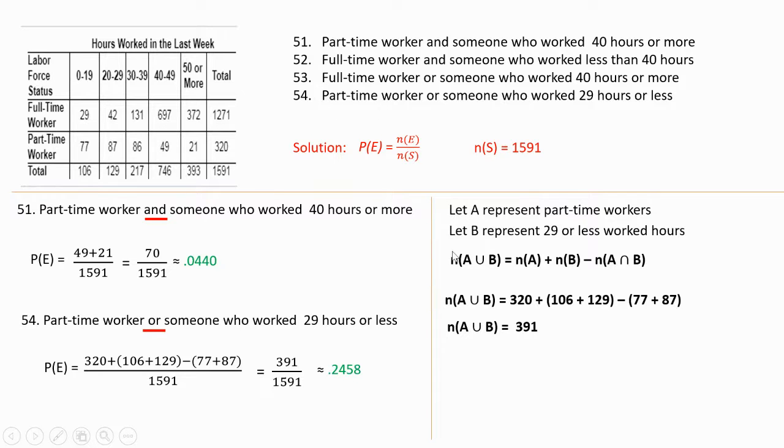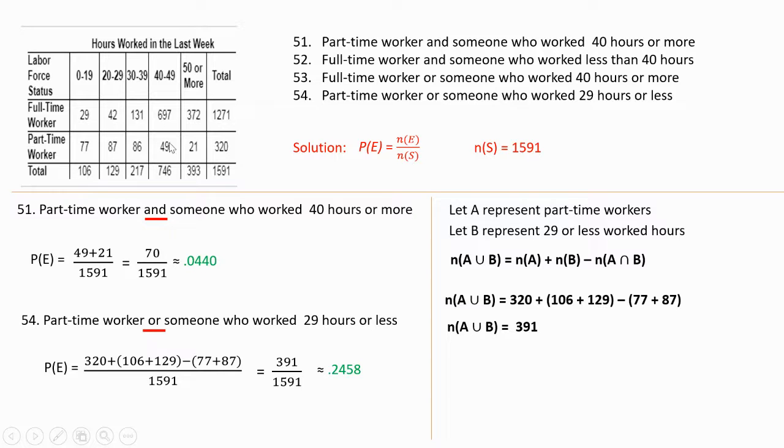Okay, by applying the rule here, this rule makes it a little bit easier. There's some students that can actually get the answer without doing the formula. They just go here. Part-time worker is 320, right? So it'll be 320, and then workers that work between 0 to 29 hours is going to be 129 plus 106.